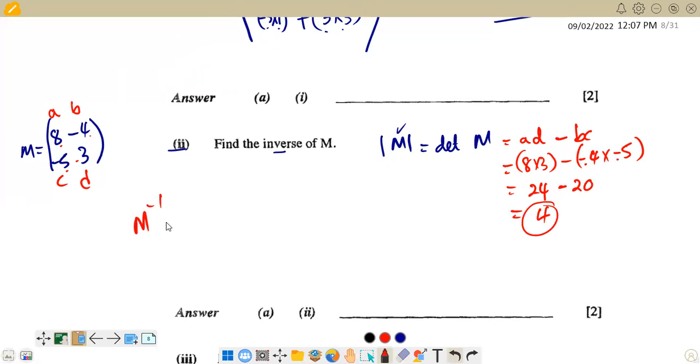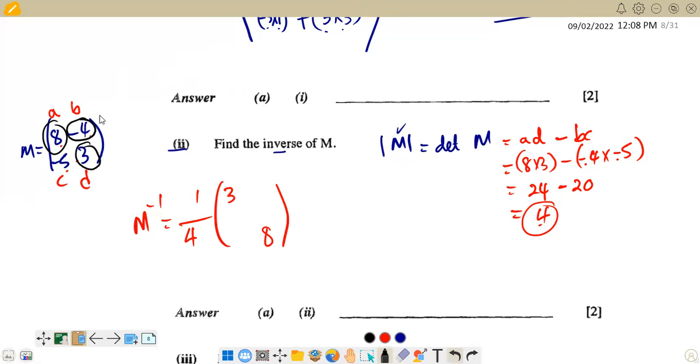Therefore, the inverse of M is 1 over the determinant, which is 1 over 4. Then remember what happens in your major diagonal. These two numbers are going to interchange positions. So 3 and 8 change their positions. It's going to be 3 here and 8. Then the minor diagonal, B and C, you multiply each by a negative.